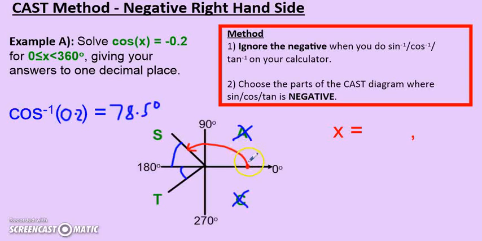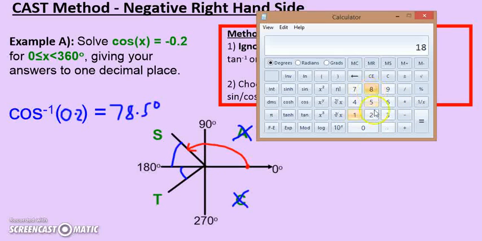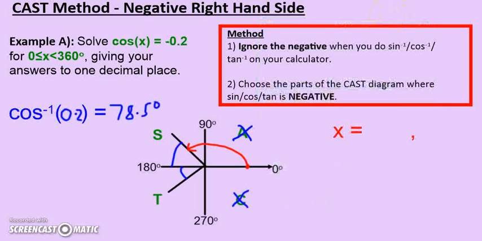This is straightforward. We've got a half turn, 180, minus a bit. So it's 180 minus 78.5, which gives an answer of 101.5. So that's one of our solutions.